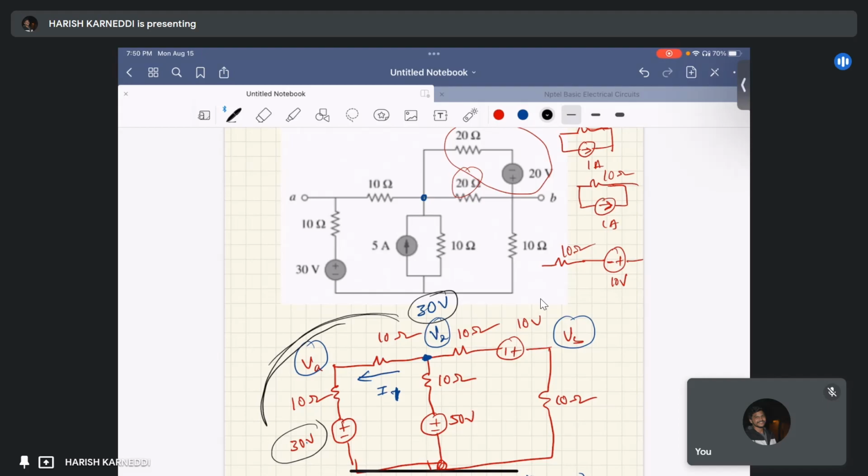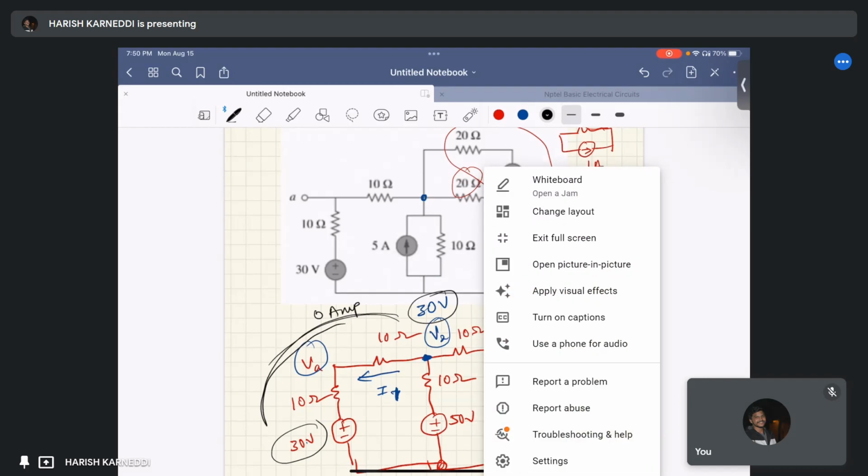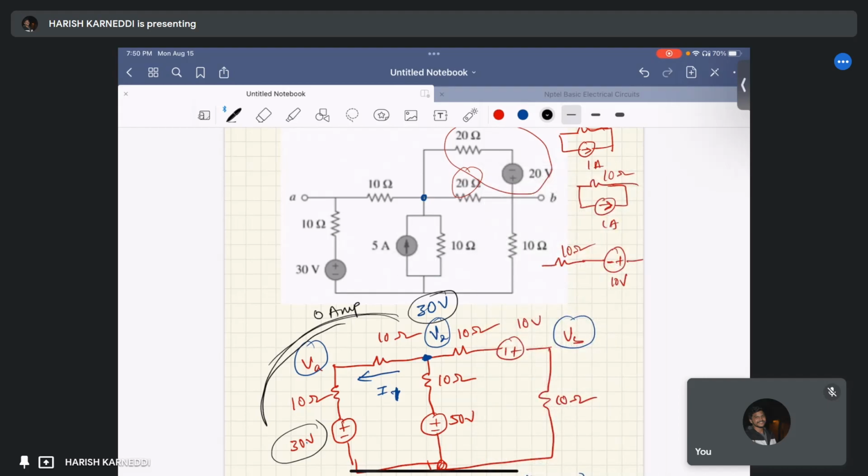So the current is 0. Is it clear? Now consider this current as I2. So the current is 0 means the VA equal to 30 volts, right?